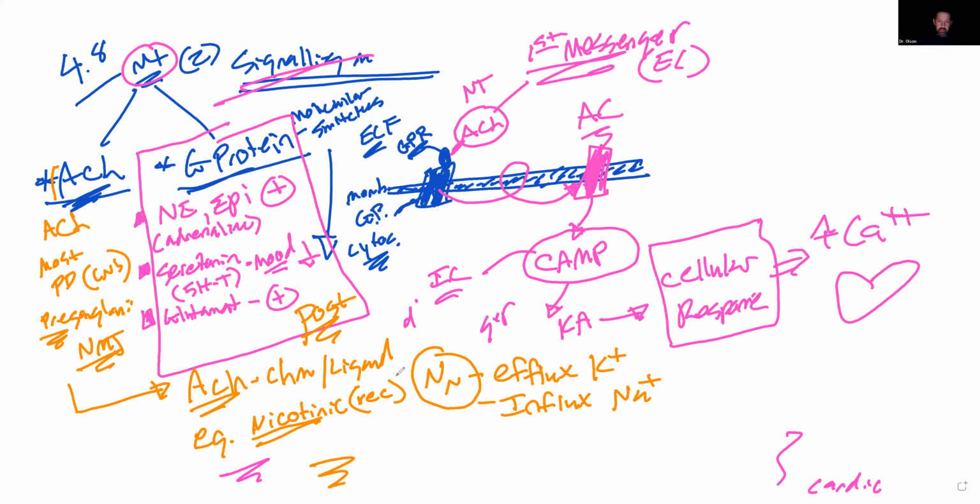So whenever you have a nicotinic receptor, they're involved in either potassium going out or sodium going in. And then we have another type that we have called an M.